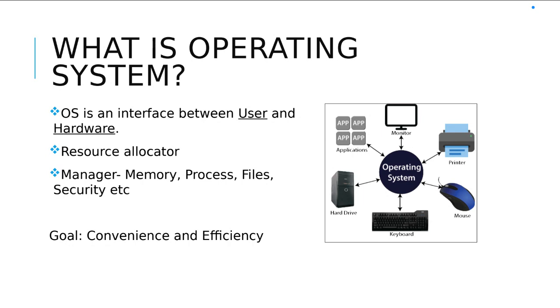But there are some experts who know everything about supercomputers. For them convenience is not a big deal. They need efficiency, they need speed. For that purpose efficiency is the primary goal for those people who are handling supercomputers.